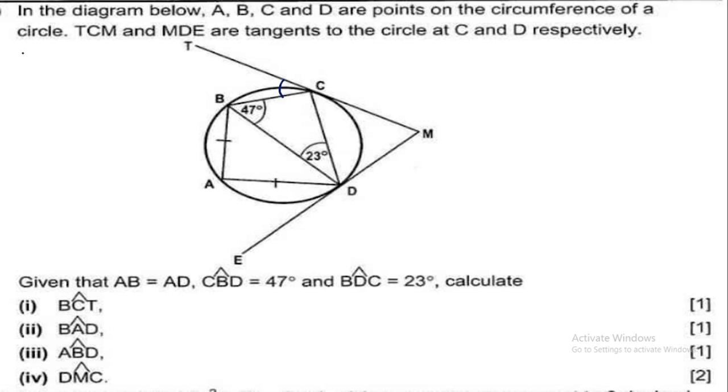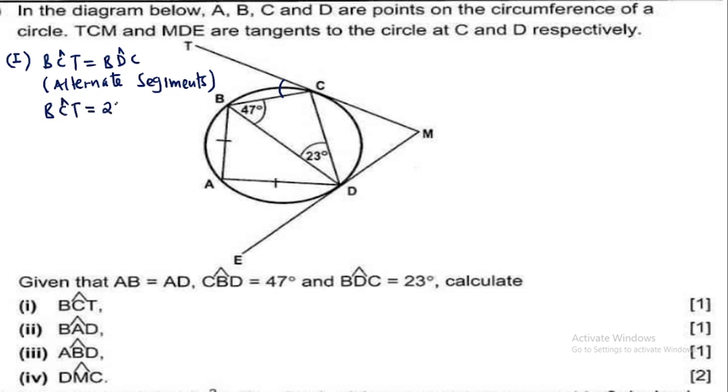So we are going to say that angle BCT is equal to angle BDC. Why? Because these are alternate segments. So therefore, BCT is equal to 23 degrees.